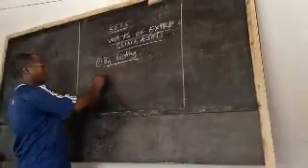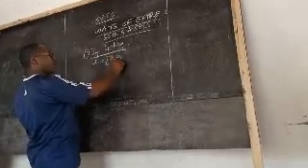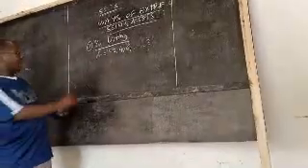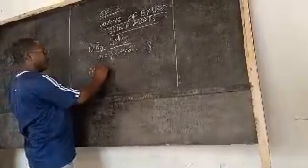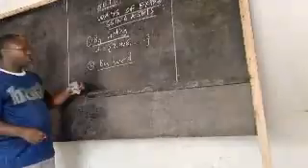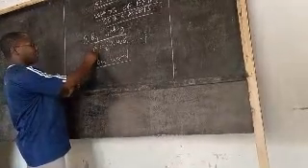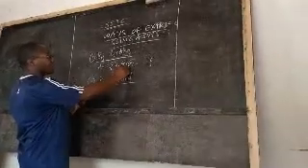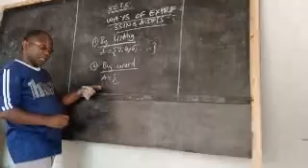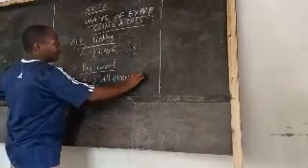Suppose we are given a set A which contains the elements 2, 4, 6, 8. This is by listing. Another way is by words. By words means using a statement. For example, instead of writing A contains elements 2, 4, 6 up to infinity, you can say A, in curly brackets, even numbers.